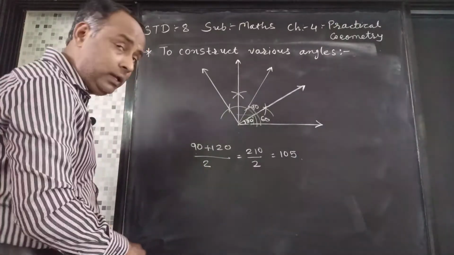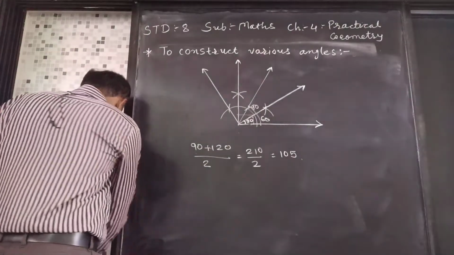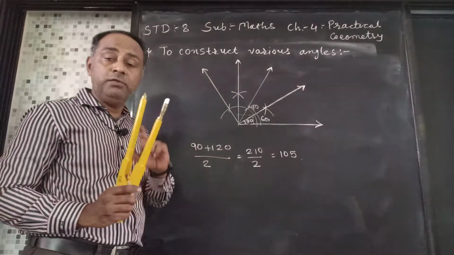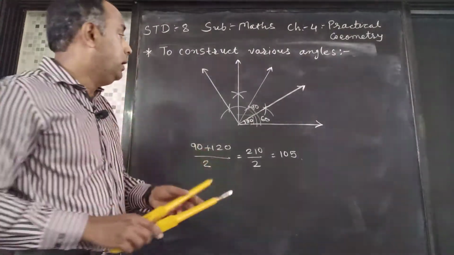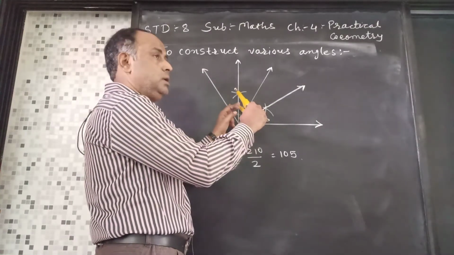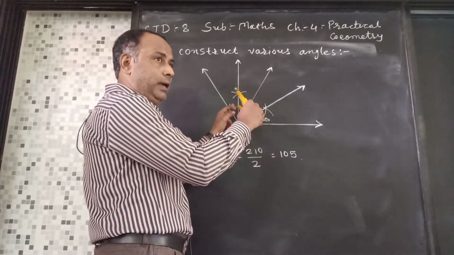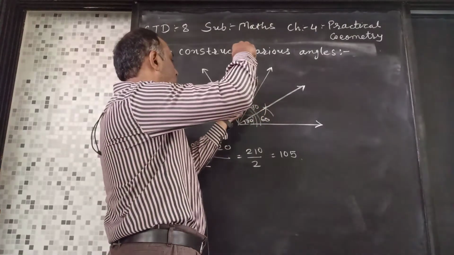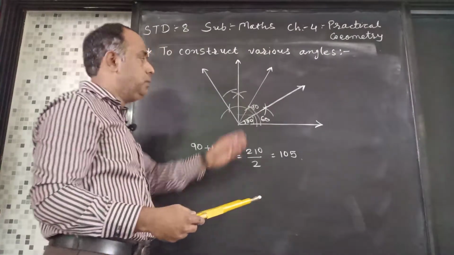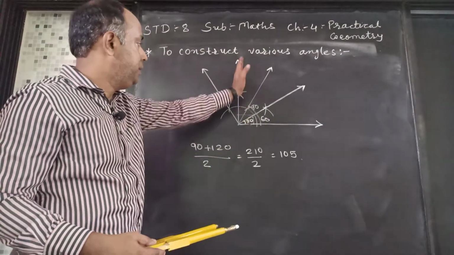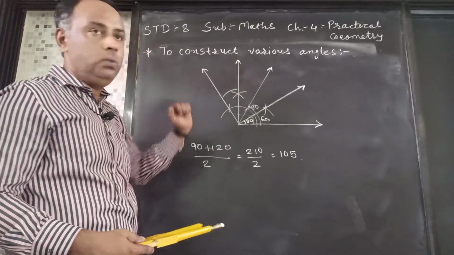Let us see how it can be constructed. So again take the same compass, okay, with the same radius, and then just keep this at 90 degree angle on semicircle and mark an arc over here between these two rays, coming straight away from here, 90 and 120.